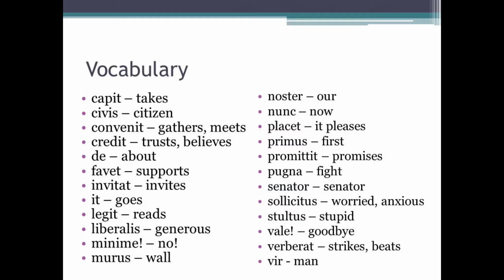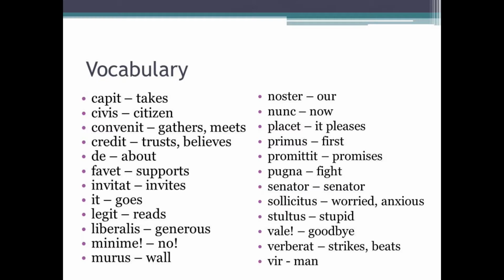It means goes. Legit reads. Liberalis, generous. Minime, no. Murus is a wall. Noster means our. Nunc is now.